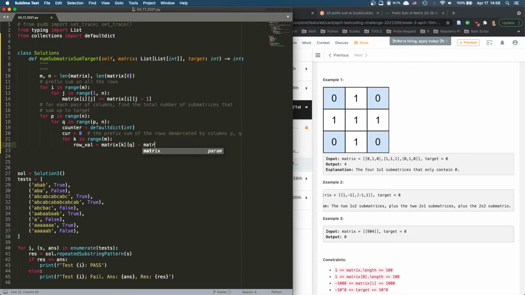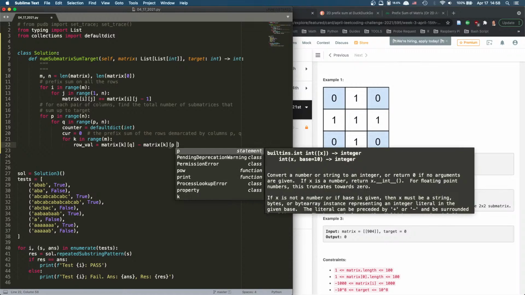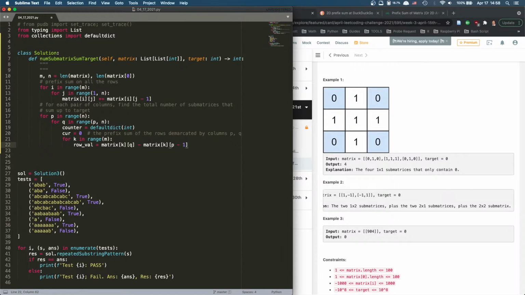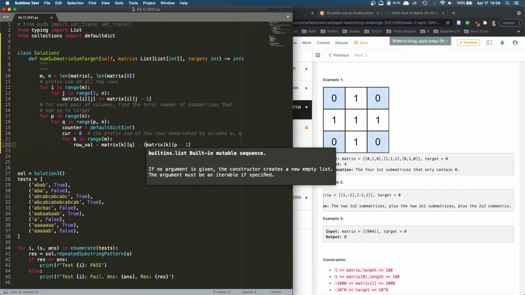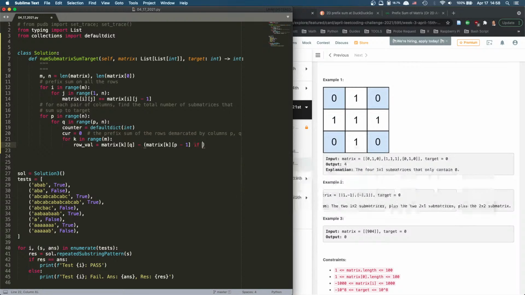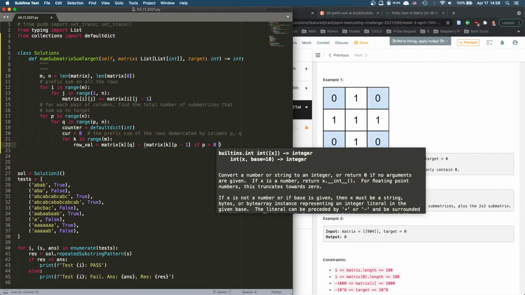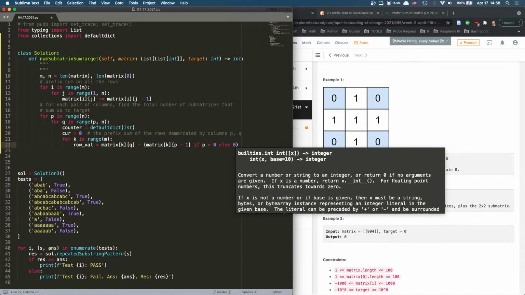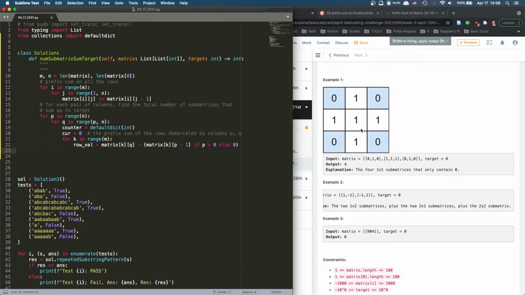Minus matrix K, P minus 1. Now that's if P is larger than 0, right? Else it can be 0, like in this situation. If P is 0, then we don't minus anything. So now we have the row value, right?